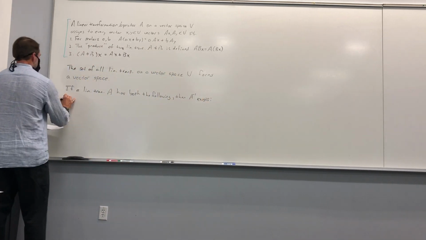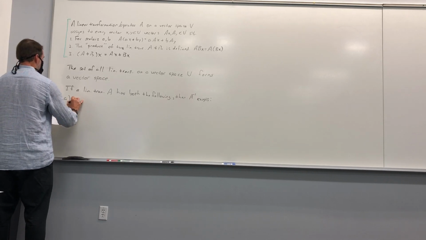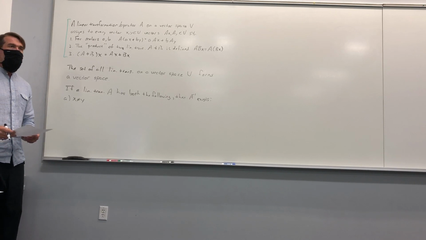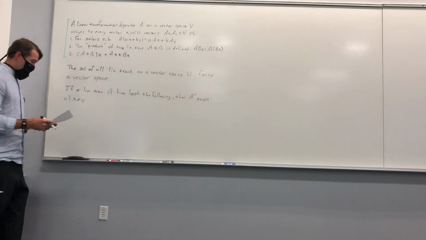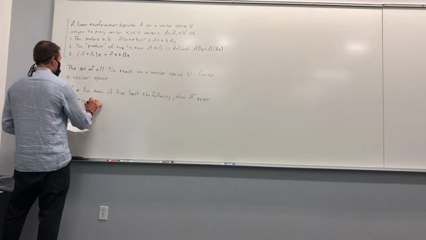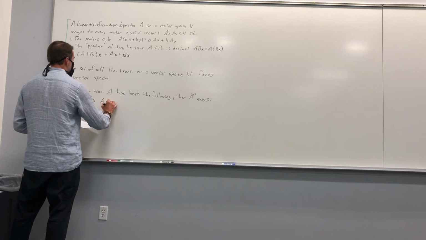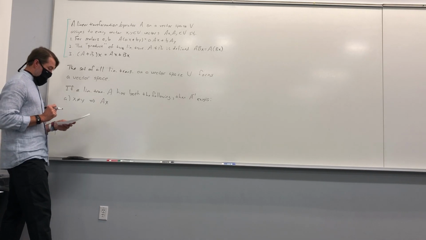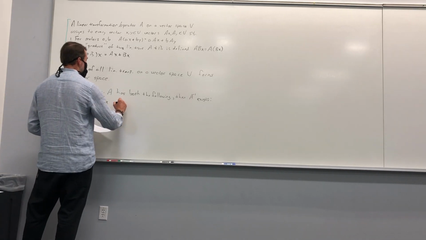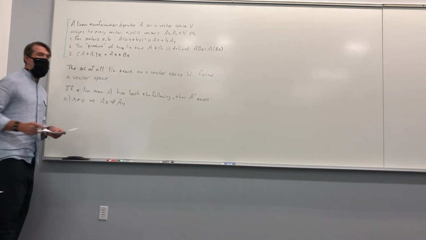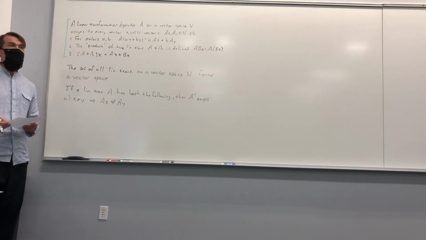And here are two conditions. If I start out with two vectors which are not equal, then this implies that linearly transforming the first vector and linearly transforming the second vector will also give you vectors which are not equal.